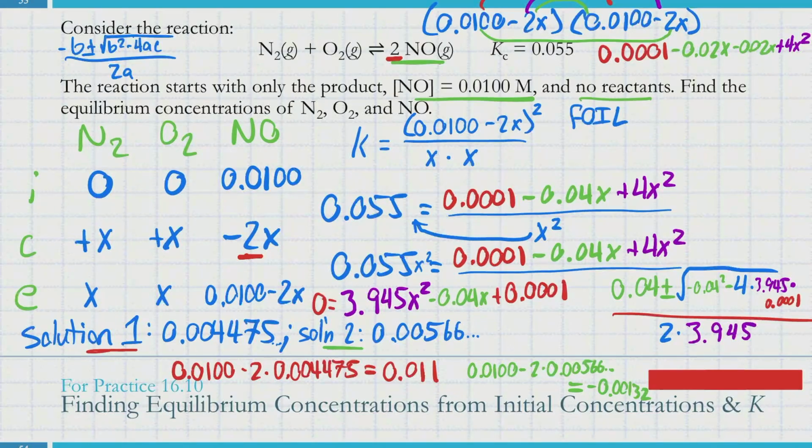We can't have a negative concentration, so our correct solution here is solution 1. So then we can plug in solution 1 to each of our x values to get our answer.